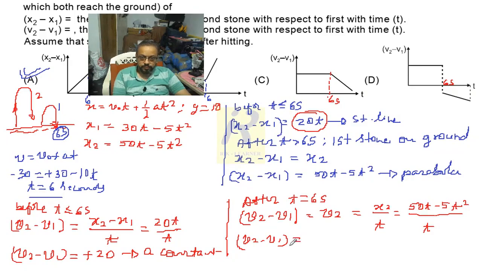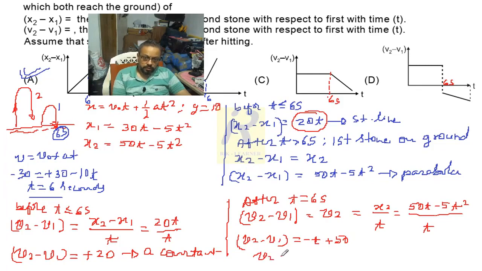Otherwise, I can write V2 minus V1 equals minus t, it is only t, plus 50. So this could be the situation we obtained. That means we will get the curve of V2 minus V1 negative.